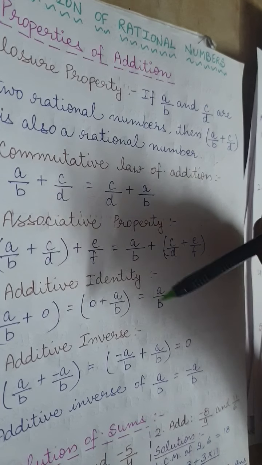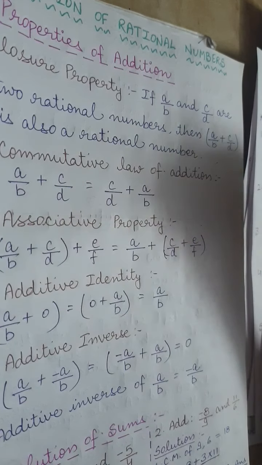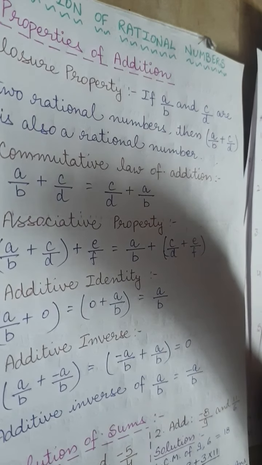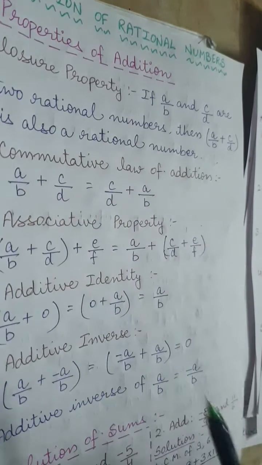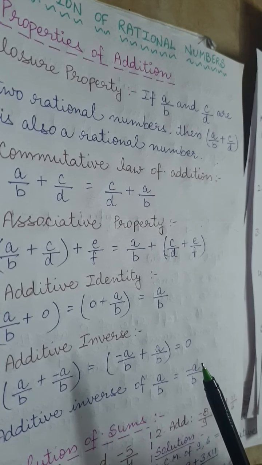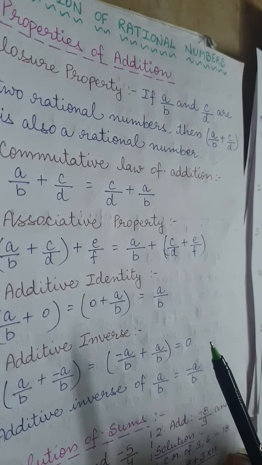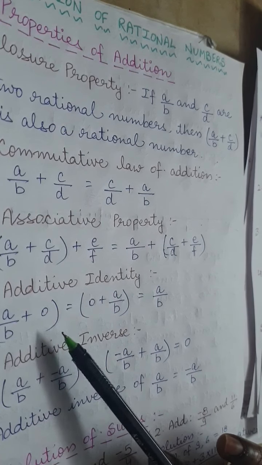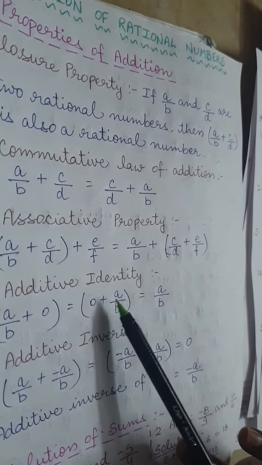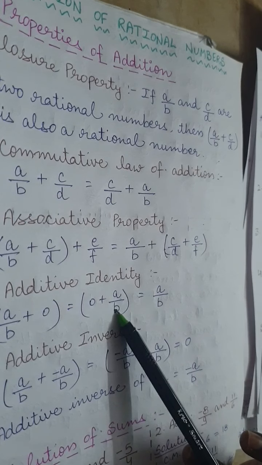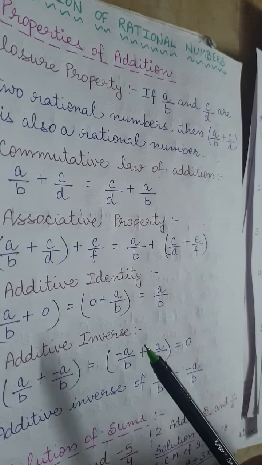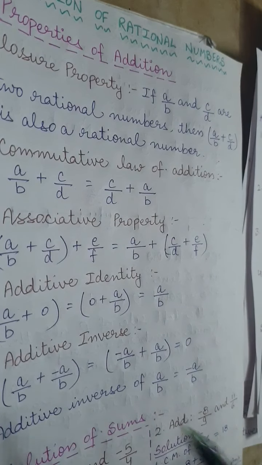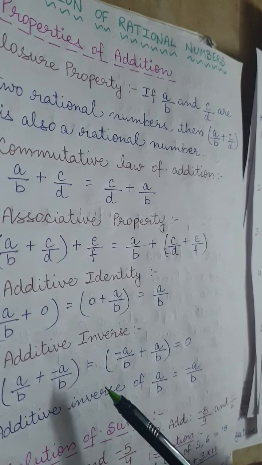Now the additive identity. It is very clear that if you add 0 to any number, then the result will be unaffected. In the same way, 0 is the additive identity of a rational number. Means if we add 0, there will be no effect on that rational number. Then the additive inverse.